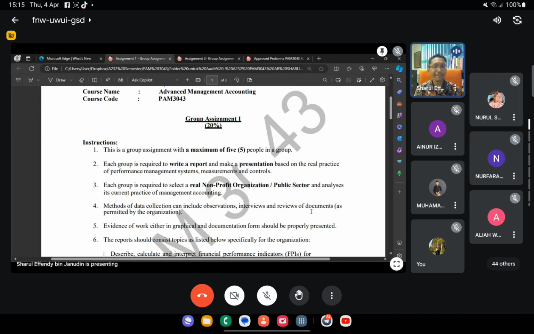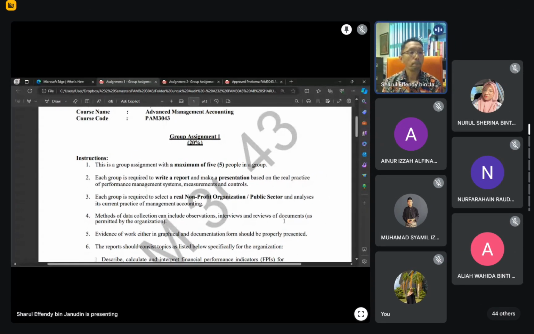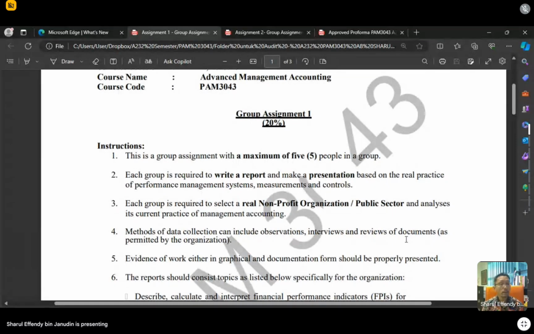And you need to analyze its current practice of management accounting. So the method to collect the data depends on you. You may observe them, maybe you can interview them, or maybe you can visit their places, to review the documents.